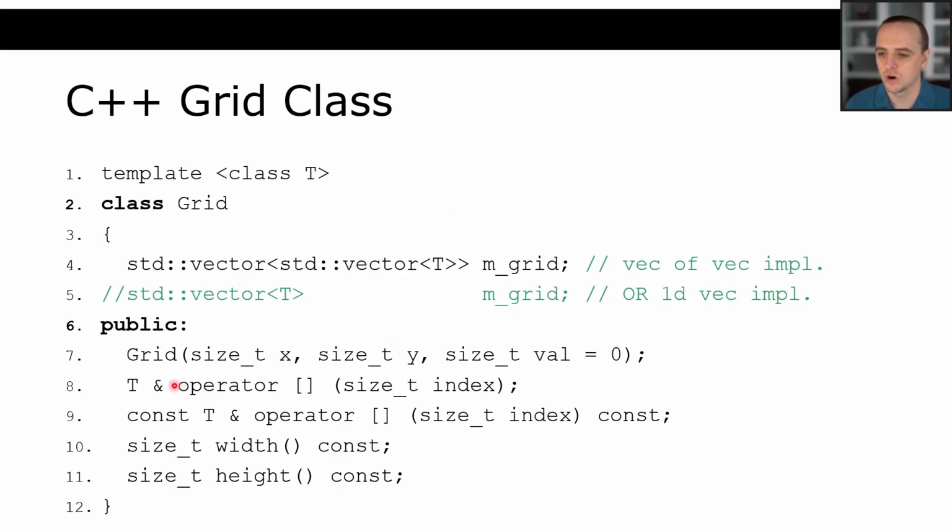Okay, we're going to have a constructor, so we could take in an x and a y value for the size of the grid. So I could say 100 in the x, 20 in the y, and then give it some initial value to fill up the grid with. And then we could have operators, like we could get values in the grid, we could get the width and the height, etc. But for assignment 2, and I'll show you more of this when assignment 2 rolls around, we're essentially going to be working with this grid class, which is a 2D array type structure.